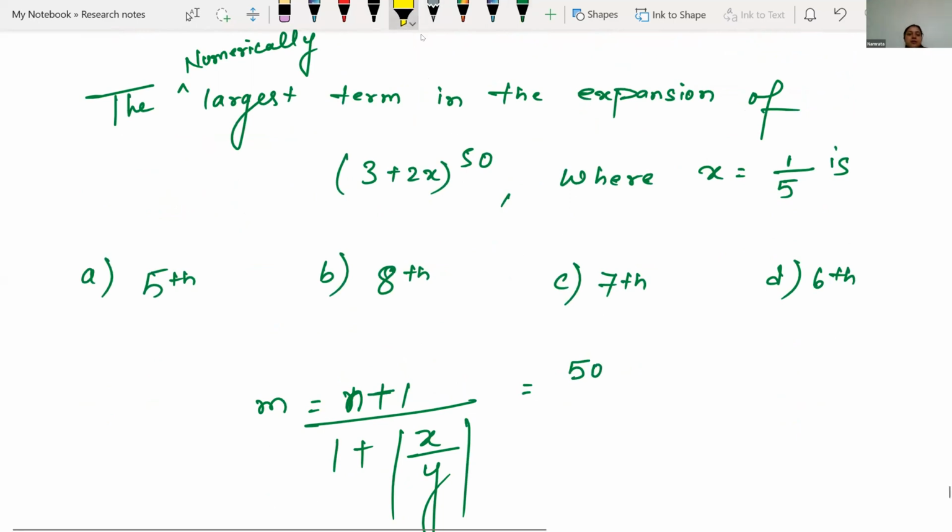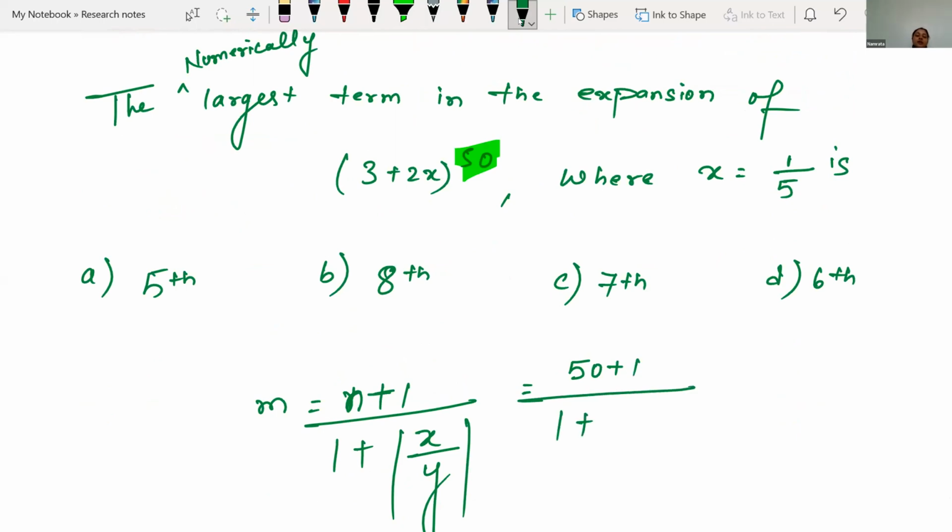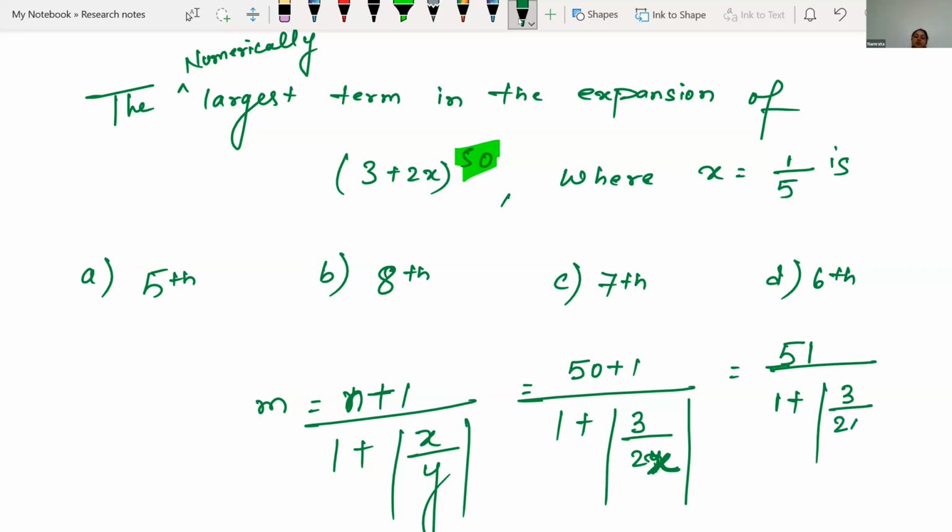Can you see it, Lina? Yes, ma'am. n is 50. Now we compute n plus 1 by 1 plus mod x by y. Here x is 3 and y is 2x. Is it clear so far? Yes, ma'am. So we have 51 divided by 1 plus mod of 3 by 2x. The x value is already given as 1 by 5, so let's substitute it: 2 times 1 by 5.